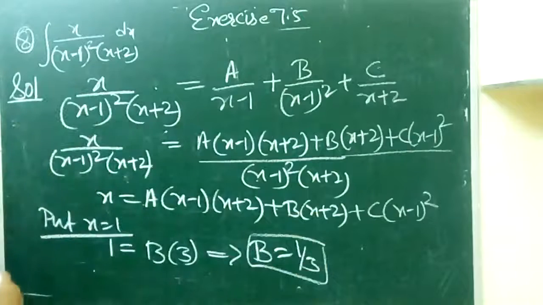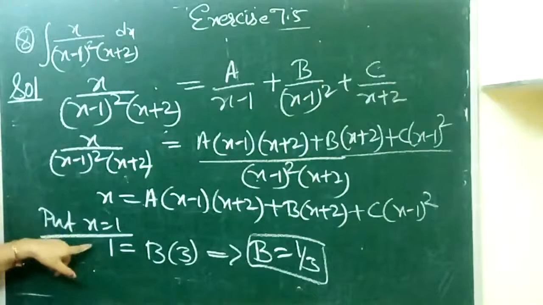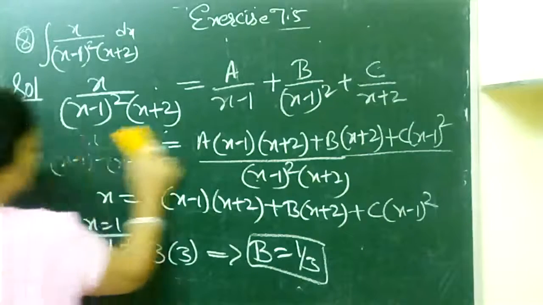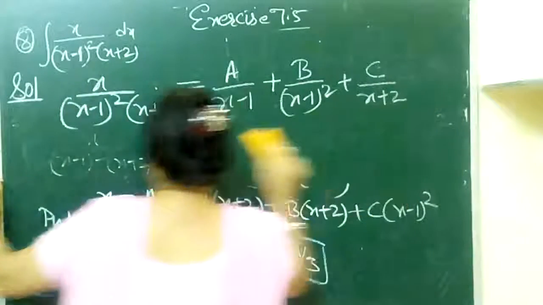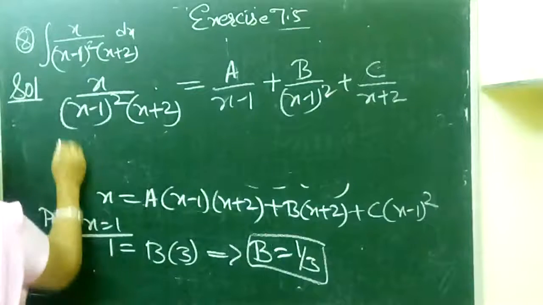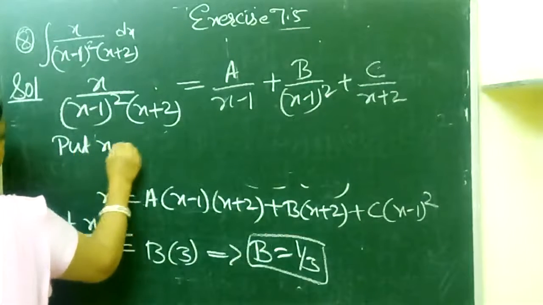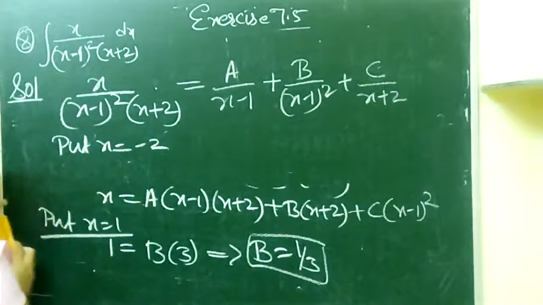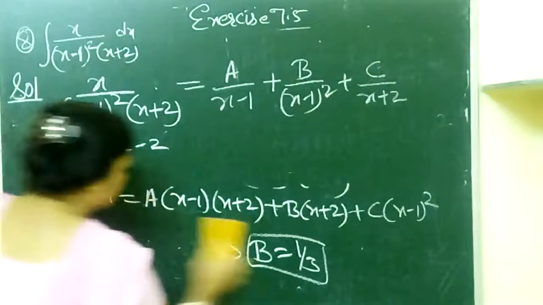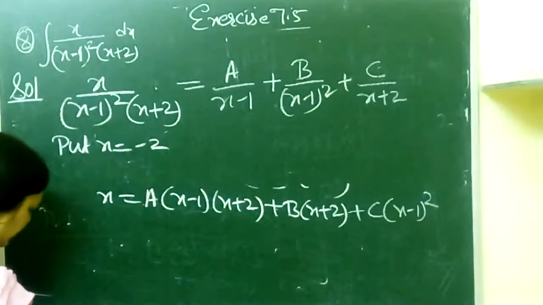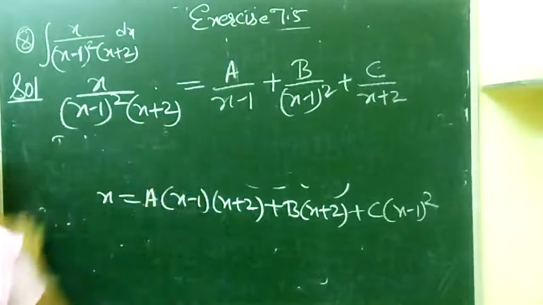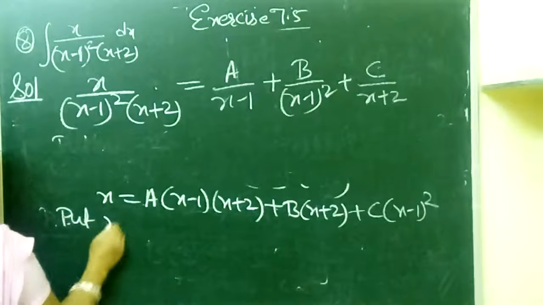Now the second value we will put here. After putting x equal to 1, in this term we will put x equal to minus 2. B is equal to 1 by 3 is coming here. So put x is equal to minus 2.